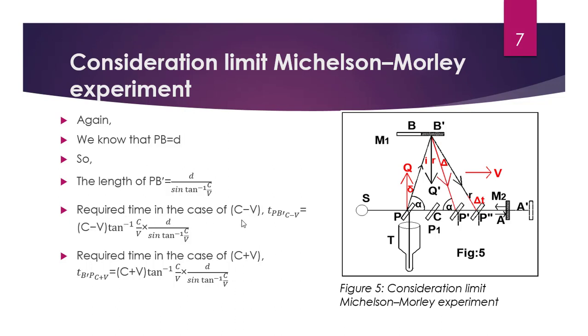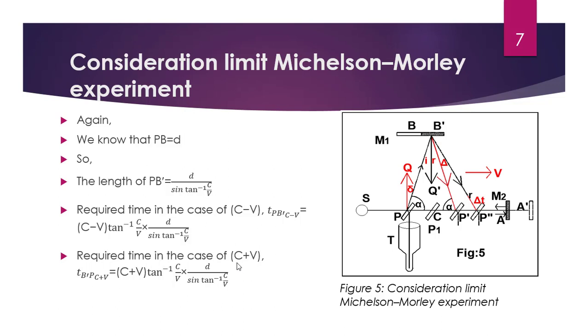Regarding time in the case of C minus V, TP dash and C minus V equal to C minus V into tan inverse C by V, that means this angle, into V by sin into tan inverse C by V. This is the distance. So we got the required time in the case of C minus V, that means the required time to go from P to B dash in this direction.